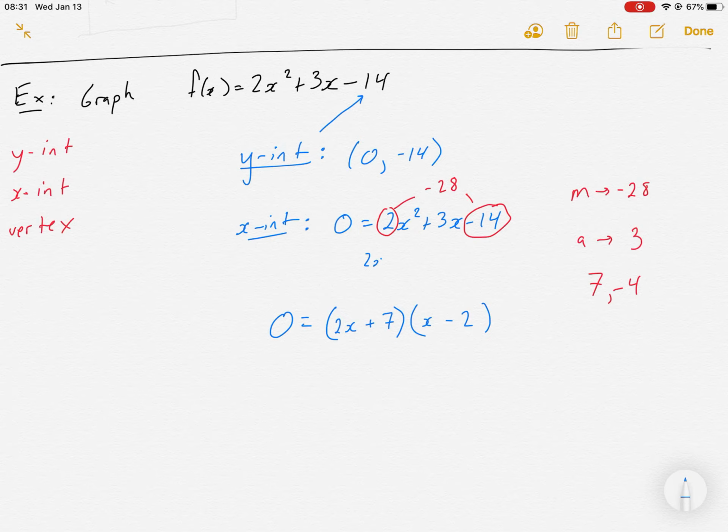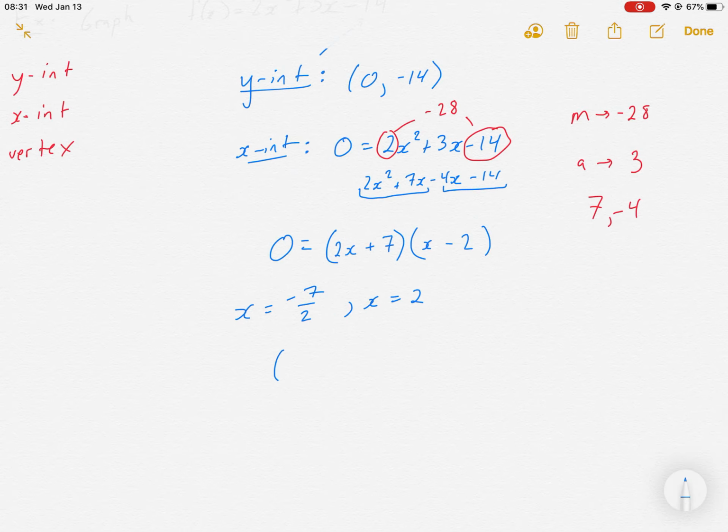So what I did was I took 2x squared plus 7x minus 4x minus 14, and then I factored by grouping, and you end up with that as your final answer. Okay, so solving for x, we end up with x equals negative 7 over 2 and x equals 2. So my two x-intercepts are (negative 7 over 2, 0) and (2, 0).